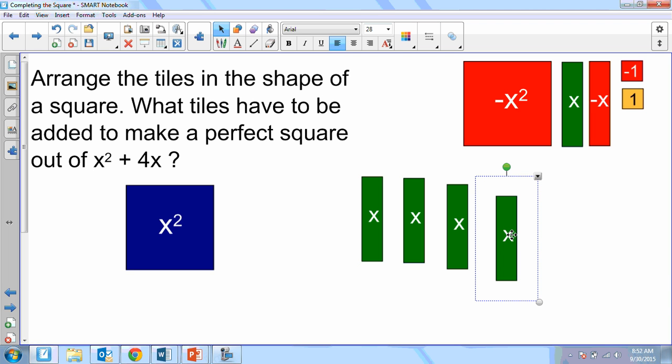So I'll let you try. See if you can figure it out. I just want an x squared and 4 green x's, 1 blue x squared, 4 green x's, and you may have to add some beige ones to it.